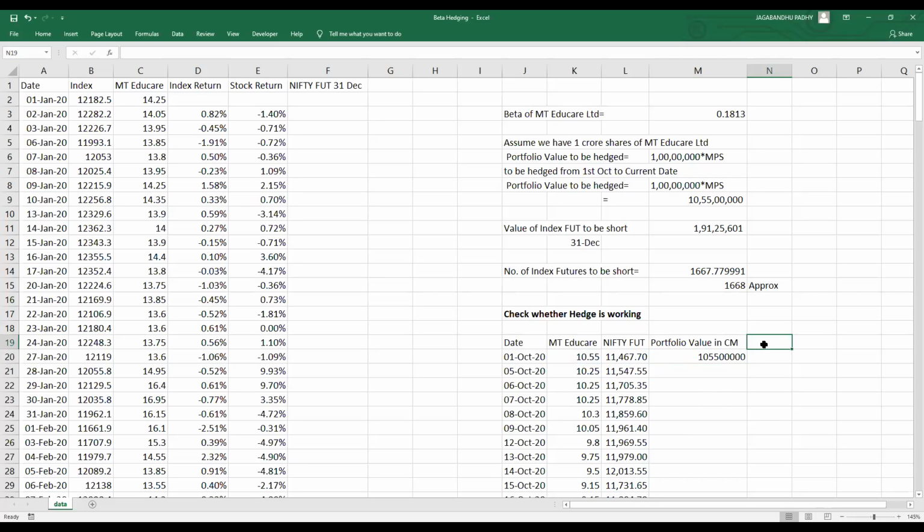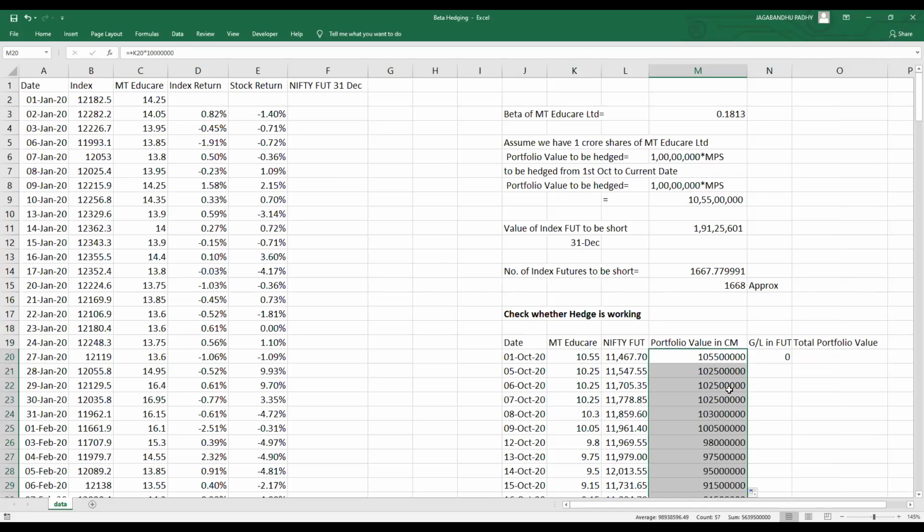Then I'll also look for gain or loss in the futures market. Obviously on the first day there will be no gain or loss. And then I will say total portfolio value. The portfolio value in the cash market will remain the same: the stock price multiplied by 1 crore shares.